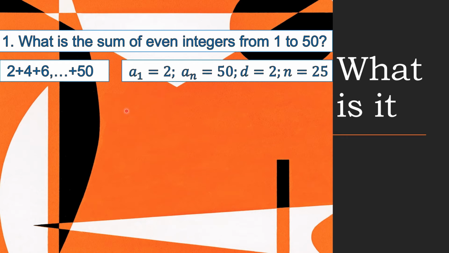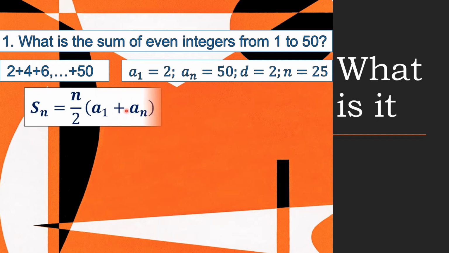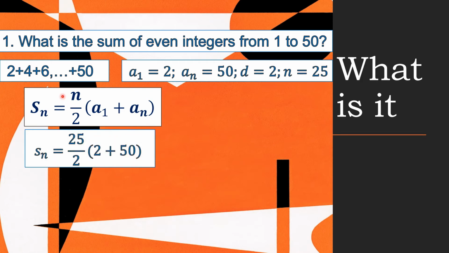Since a sub n is given, ang gagamitin nating formula ay S sub n is equal to n over 2 multiplied by a sub 1 plus a sub n. So, substitute lang tayo ng n is equal to 25. Ang a sub 1 natin ay 2 at ang a sub n natin ay 50.